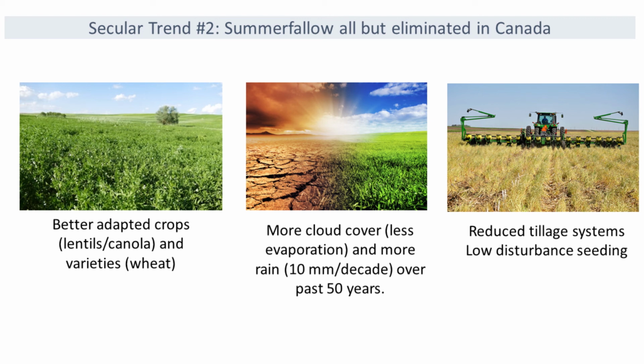You're taking soil that's 10 or 15 centimeters below the surface, you're mixing it up, you're exposing it to the atmosphere, you're exposing it to wind and to the sun, and so you dry out soil. Soil dries out via tillage. And so by reducing tillage, adopting herbicides, low disturbance seeding, no-till technology, farmers in the prairies are effectively conserving soil moisture better, providing more water to their crop.